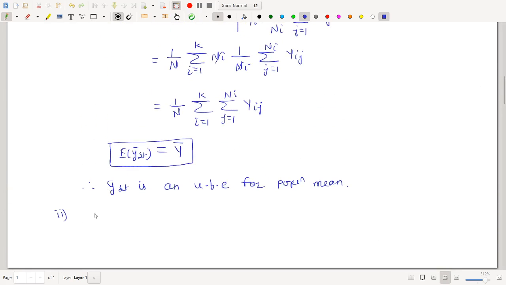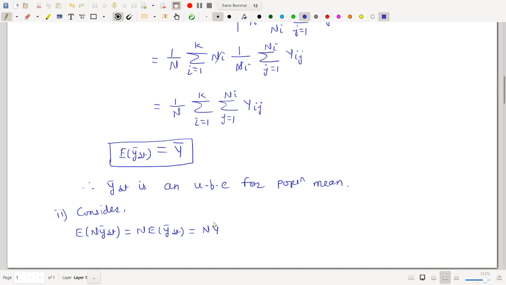Second thing, consider expected value of n into y bar st. So this is equal to n into expected value of y bar st, because n is constant. I can take the expectation directly to y bar st. Now from the previous result, we just proved expected value of y bar st is capital Y bar.